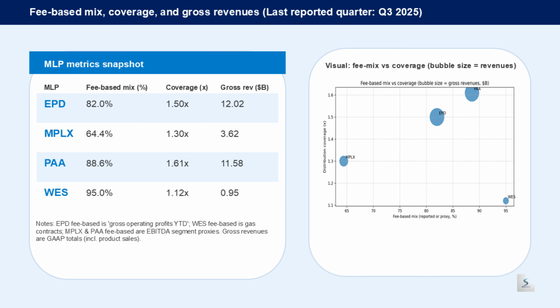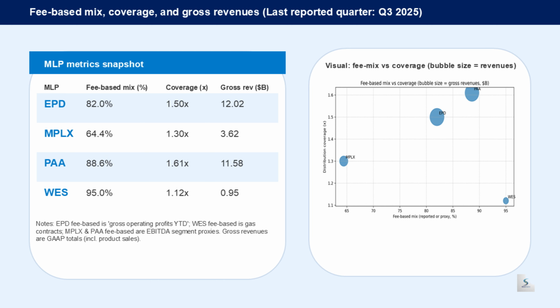Now let's put some numbers behind this. Here we're looking at three things. One, the fee-based mix. Two, the distribution coverage, a very important ratio when you're looking at MLPs. And three, gross revenues for the last reported quarter. This is not about picking a winner from one slide.